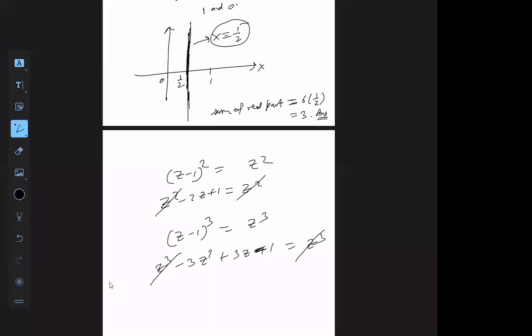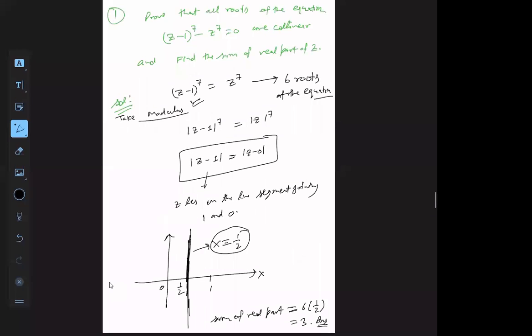Similarly, if you take z minus 1 to the power 7 is equal to z to the power 7, then you will get a 6-degree equation. Understood? If you expand z minus 1 to the power 7, then you will get a 6-degree equation. A 6-degree equation means it has 6 roots. Understood or not? The z to the power 7 term will cancel out.